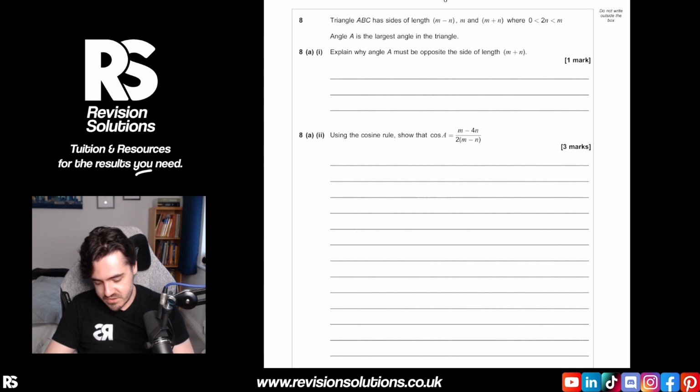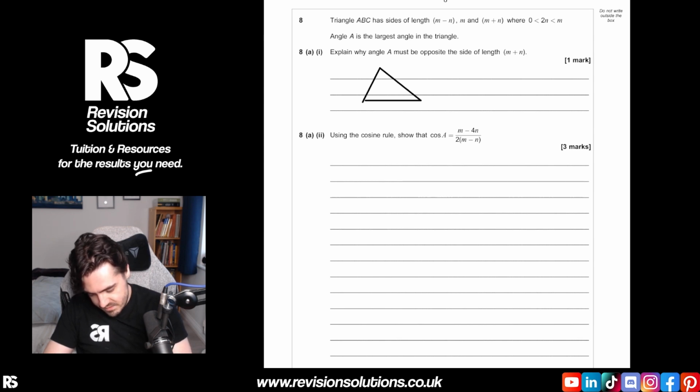So to help us with this, let's just draw a quick diagram. If I draw a triangle, and let's label this side A and the other two B and C. We can see the angle at A really depends on the length of side BC.